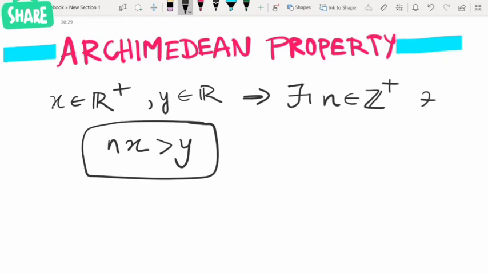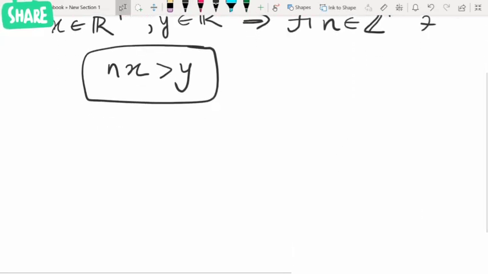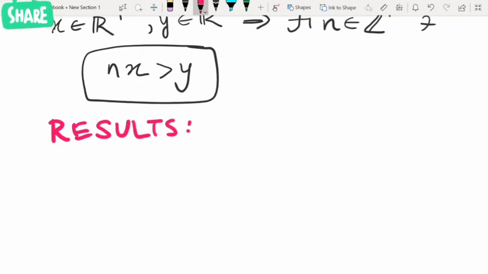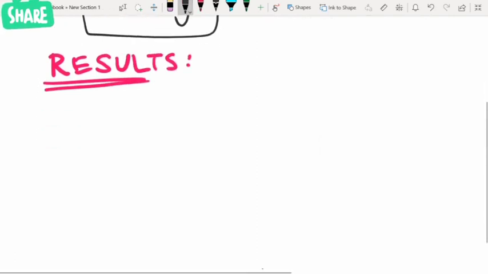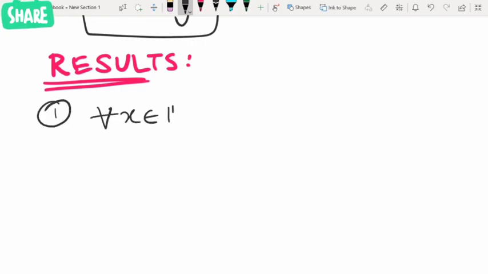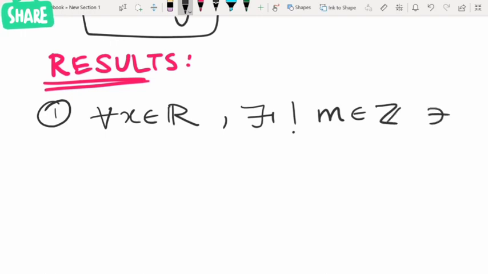So this gives us the Archimedean property, and there are many results on it which can be used for CSIR or GATE exams. The first result: for any real number x, there exists a unique integer m such that m is less than or equal to x, which is less than m plus 1.